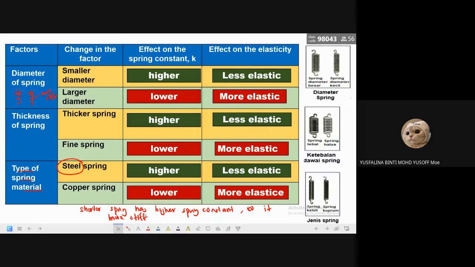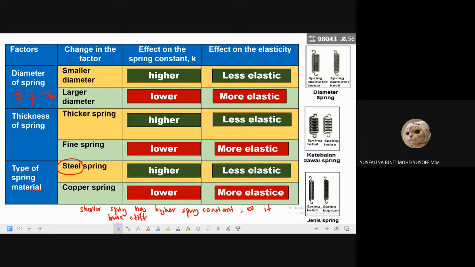And the type of the spring should be steel. So I need to choose a shorter wire, a smaller diameter of spring, a thicker wire or high diameter of spring wire, and the type must be a steel spring.